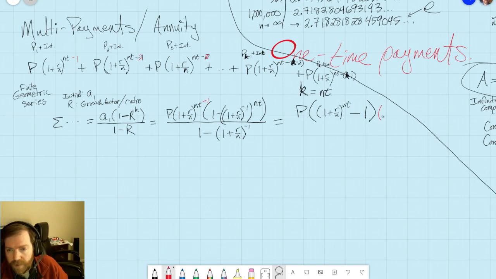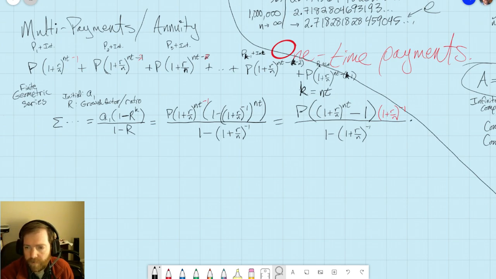Okay, so let's have this be 1 plus r over n, to the negative first. So if this negative 1 exists here, then we're going to have one spare minus 1 of those. Then we can multiply it down into the denominator. So that's aggravating, but whatever, it'll work.